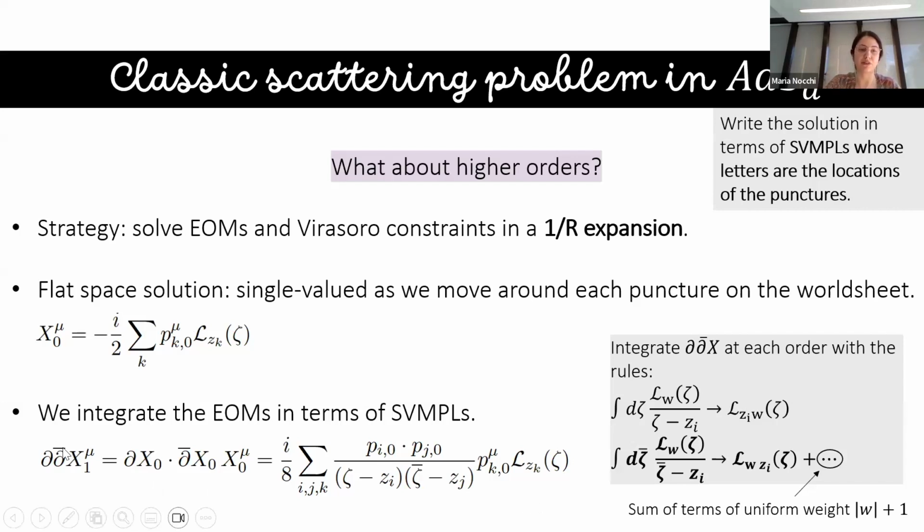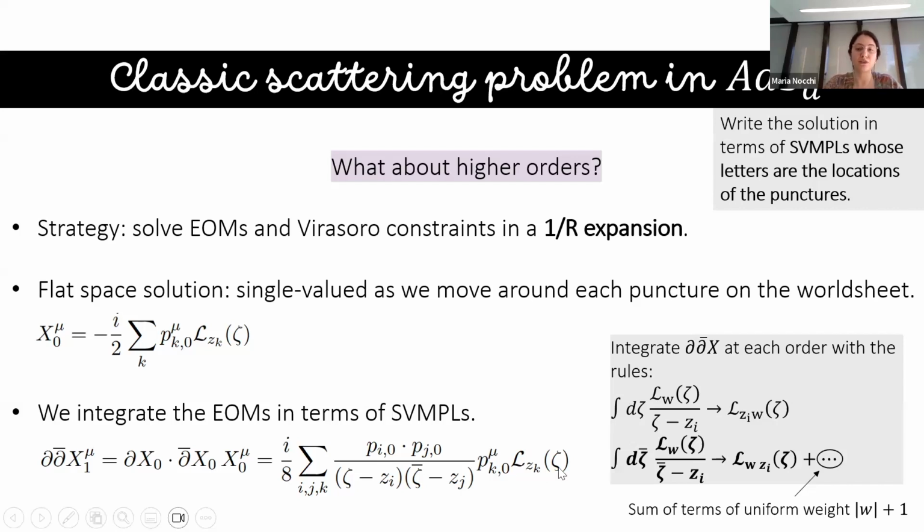On the other side, you have to integrate this with del and del bar. To do that, you need to know how to integrate. It's easy for the holomorphic case: you just insert one letter more on the left. This comes from the iterated integral representation that polylogs satisfy.